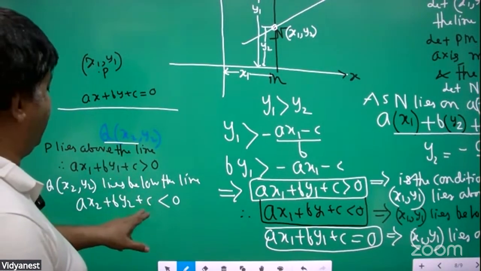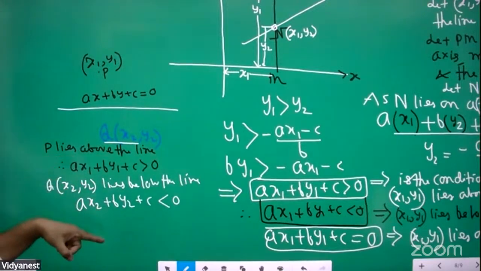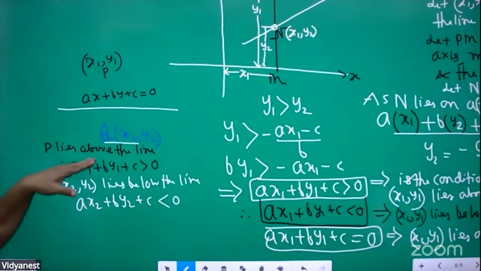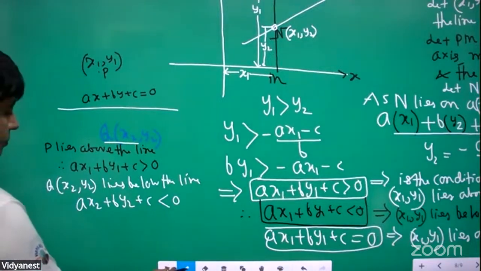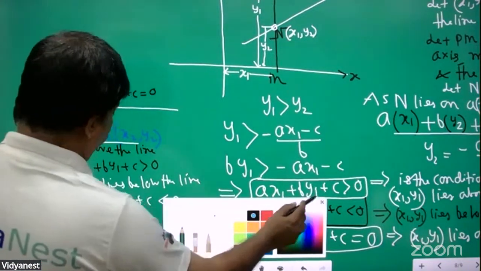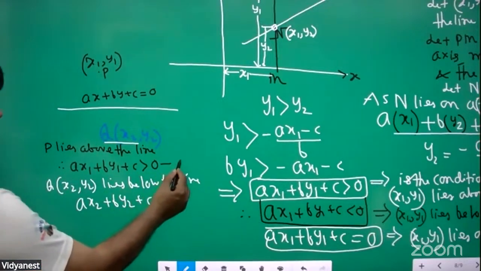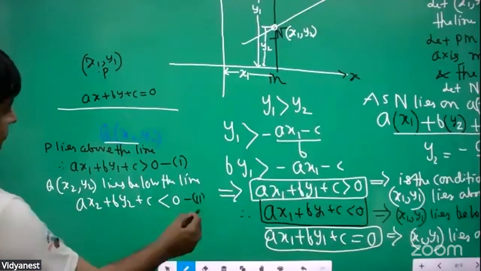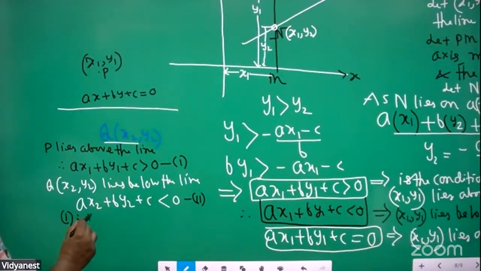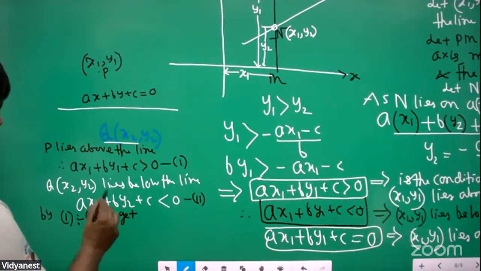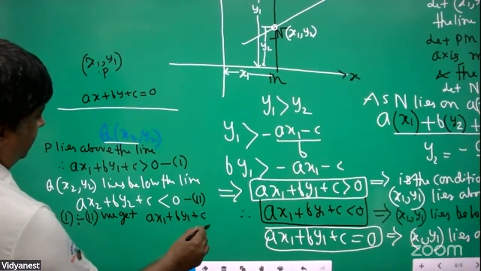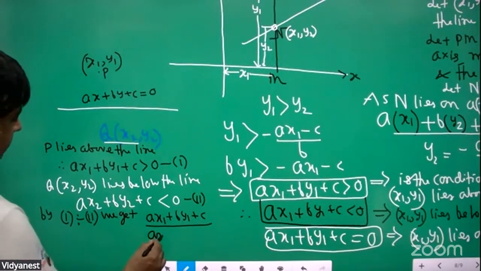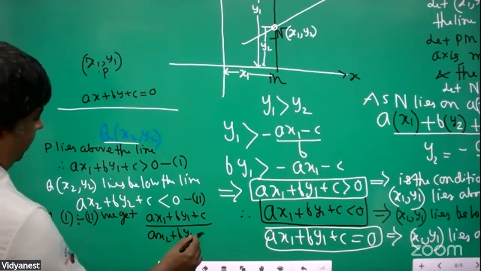So this is positive, this is negative, and if I divide first one by second, positive by negative is what? Negative itself. So you divide, label it by 1 and 2, 1 divided by 2, we get (x1 + by1 + c) / (x2 + by2 + c).